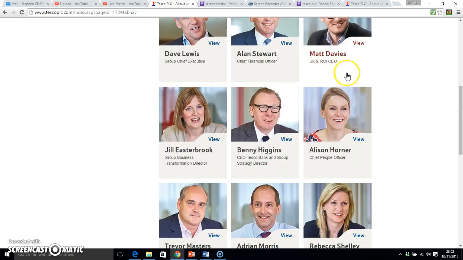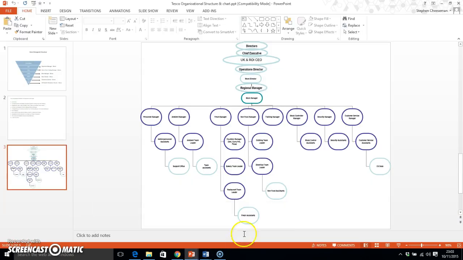So they might come to Alison and say, look, you're in charge of training, can you make that happen? And Alison will say, yeah, fine, I'll put some new training in place, and then that will go back down the organisational chart, all the way back down to the assistants. If there's a problem, it goes back up again.